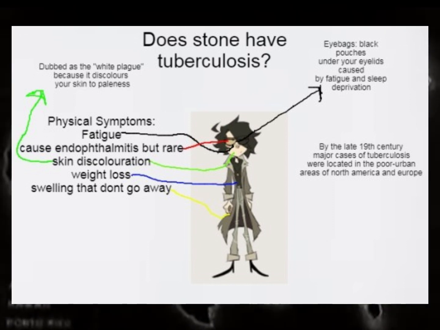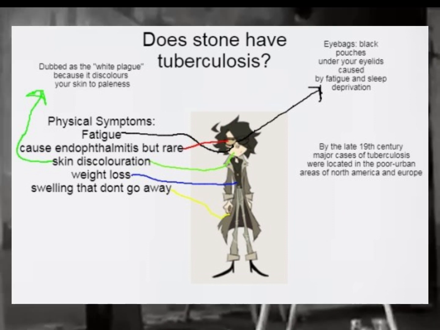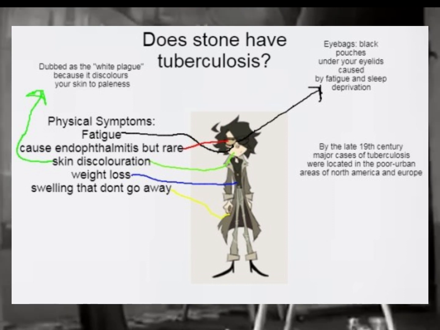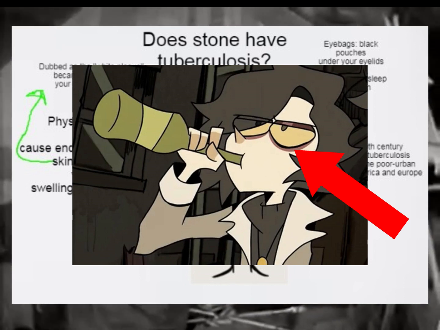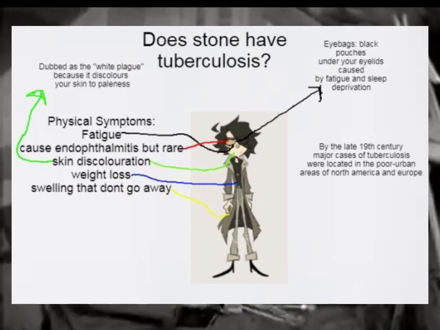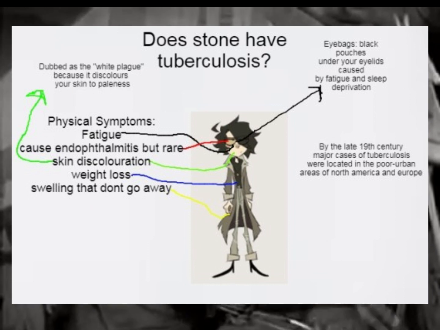In the middle of his stomach, you can tell it's very thin. Why is it thin? Because of weight loss, which is another symptom of TB. And yes, I know I'm listing them out, but I'm giving you the answers. And along with the bags under his eyes, a symptom can be fatigue, which causes eye bags.